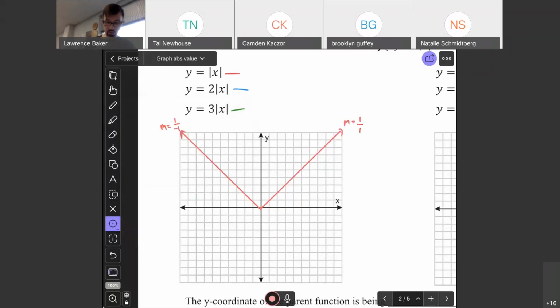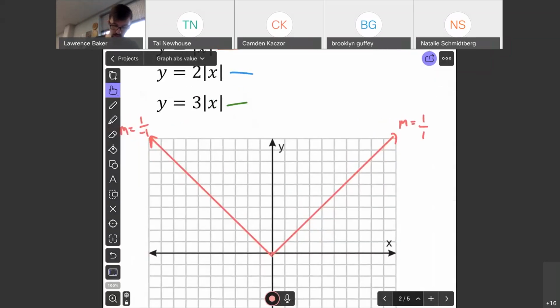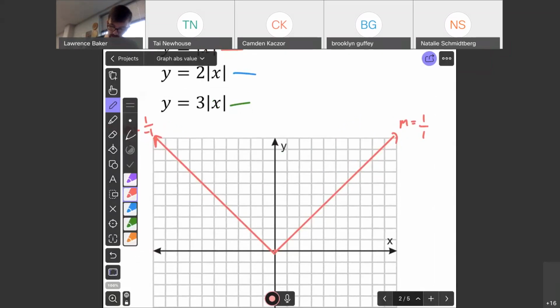Well, what happens with y equals 2 times the absolute value of x is that instead of going up 1, right 1 each time, we go up 2, right 1, up 2, right 1, up 2, right 1, up 2, right 1. Slope would be 2/1.